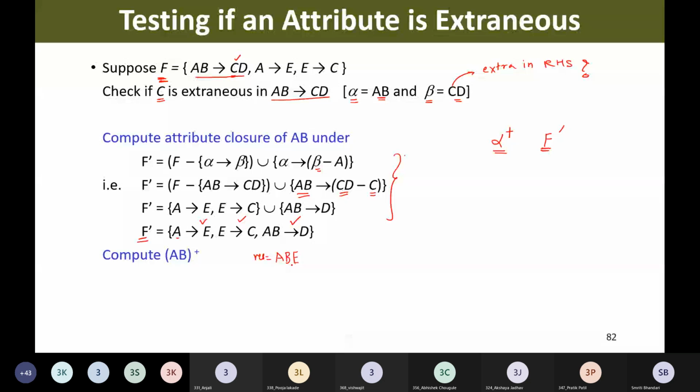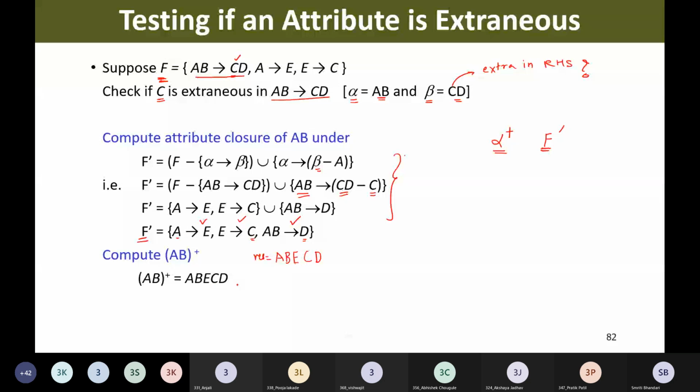Now I'll be checking the next functional dependency AB to D. Once again AB is a subset of my result, so the right hand side is concatenated. Right? So we are done with all these three dependencies now, and the result is AB ECD. So AB plus is AB ECD.